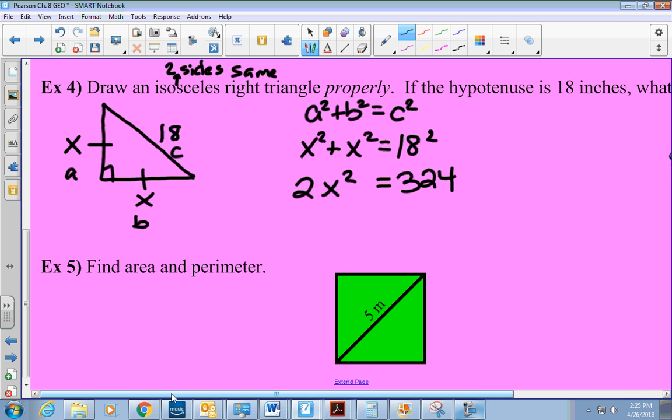All right, so we're going to solve this equation for x. And to do that, we got to divide by 2. So can you, in your calculator, go 324 divided by 2? 162.